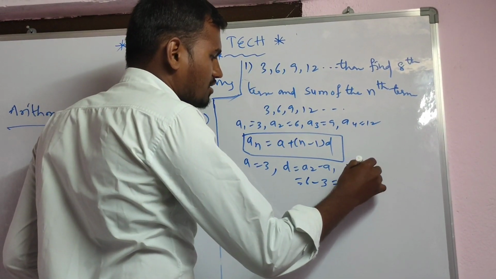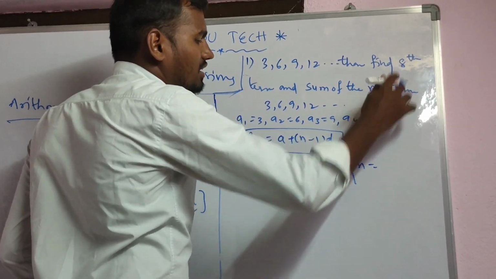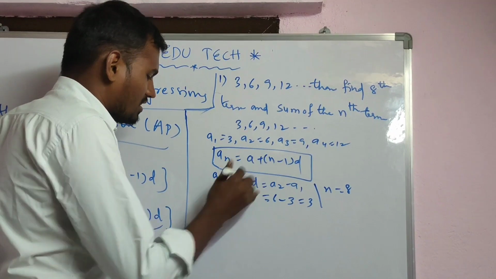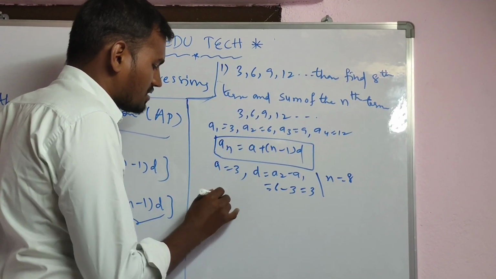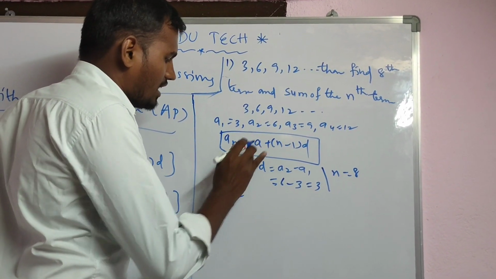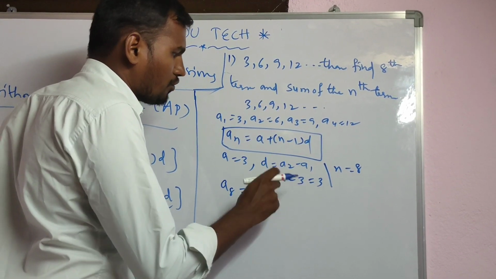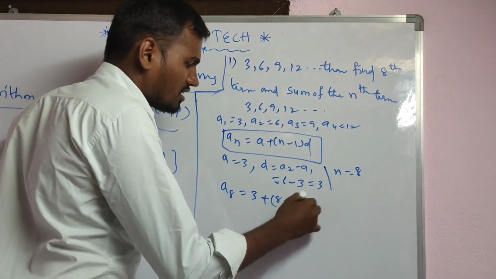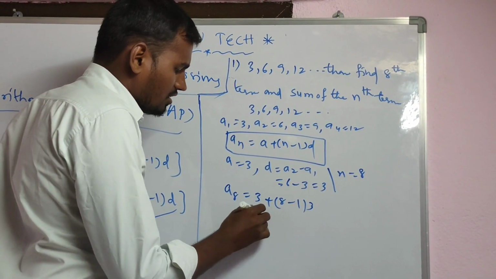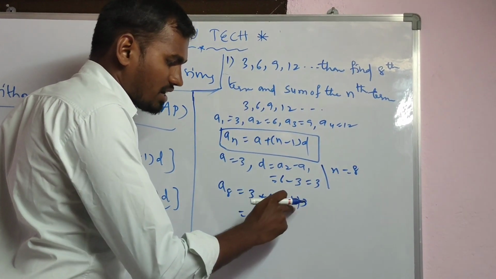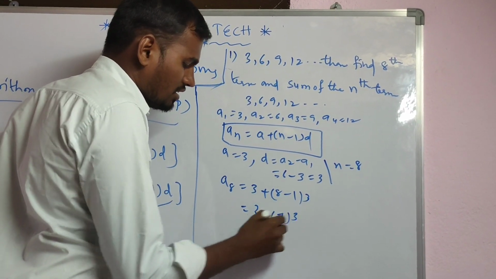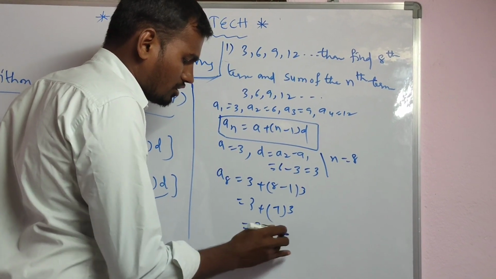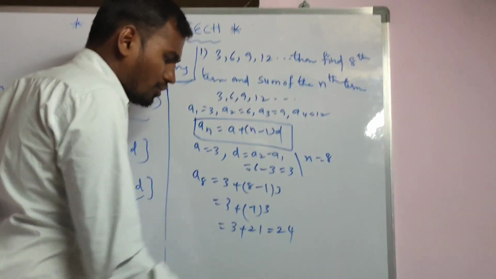Next n is equal to 8. Then a8 is equal to 3 plus (8 minus 1) into 3, that is 3 plus 7 threes, 21, then 21 plus 3 is 24.